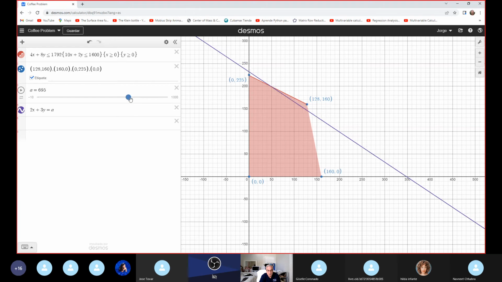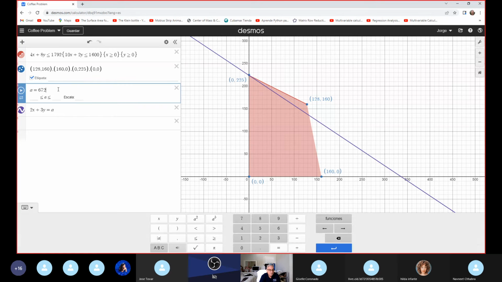We continue. Move this to touch another corner. In this case it's 775. Let me see. 5, not 72, 75.